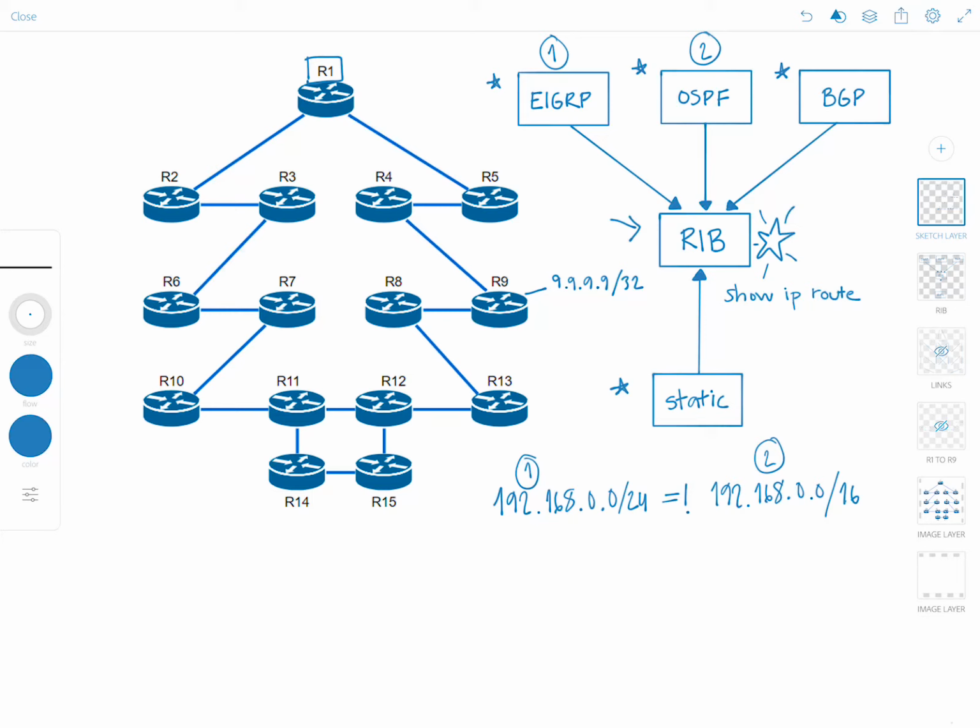So the main considerations while building the routing table are, number one, the prefix length, and this is what I've just explained. So these two routes are different. And then number two, administrative distance. This is the measure of trustworthiness of the source of the route.